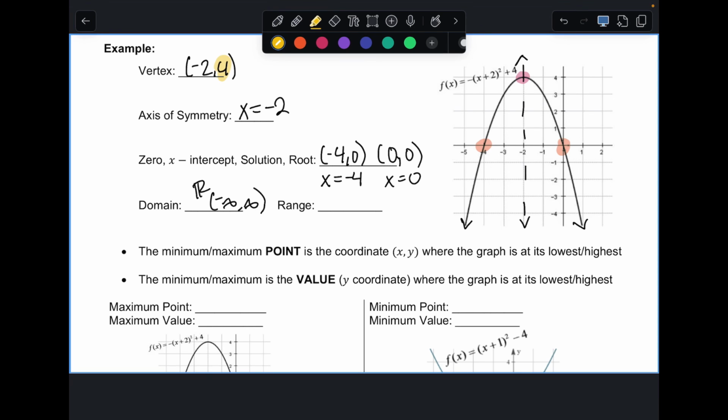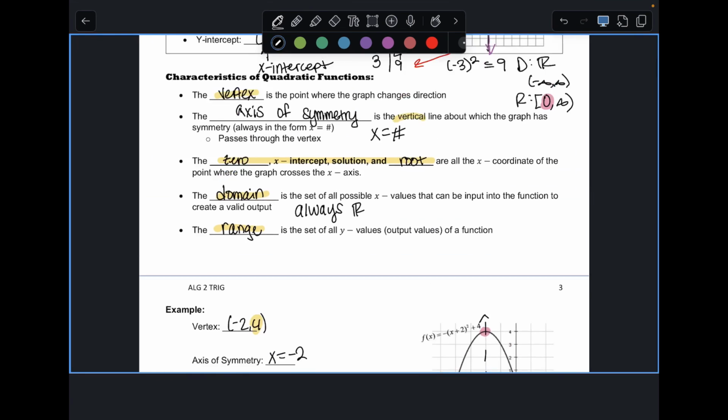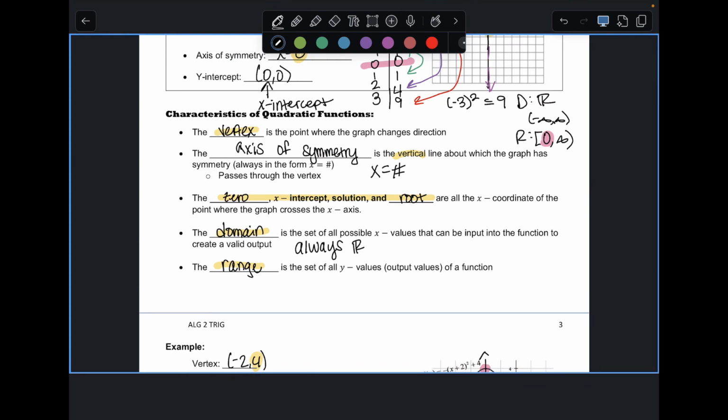If I start down here at negative infinity, do I have points down here? Yeah. Negative infinity, and they stop where? At 4. So just be careful when it's upside down, your infinities come first. So this one is negative infinity to 4 with a bracket around 4. Very similar to our other range. We just kind of flipped it because it was going the opposite direction.